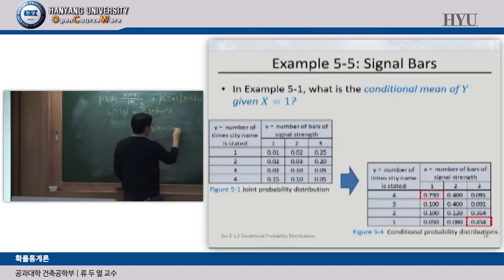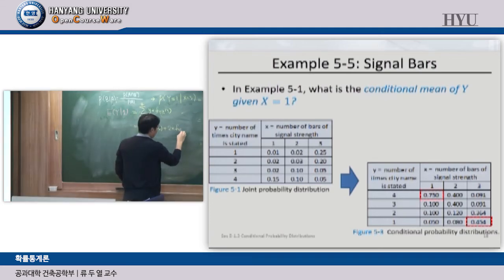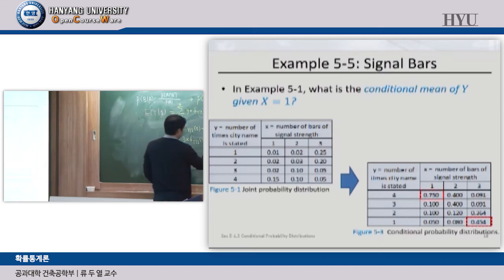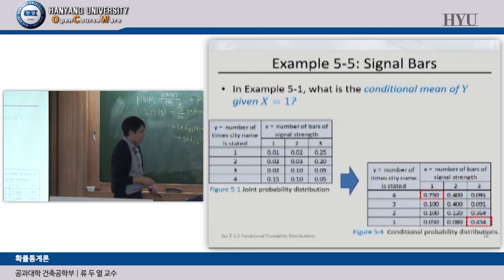And 2 multiplied by the conditional probability of y equal to 2 given 1, plus 3 multiplied by the conditional probability of y equal to 3 given 1, plus 4 multiplied by the conditional probability of y equal to 4 given 1. Okay?